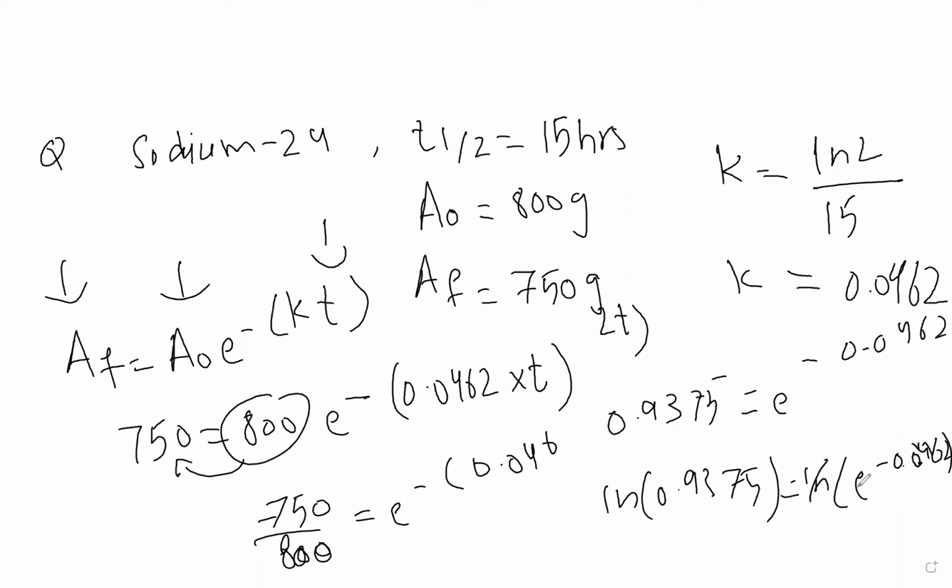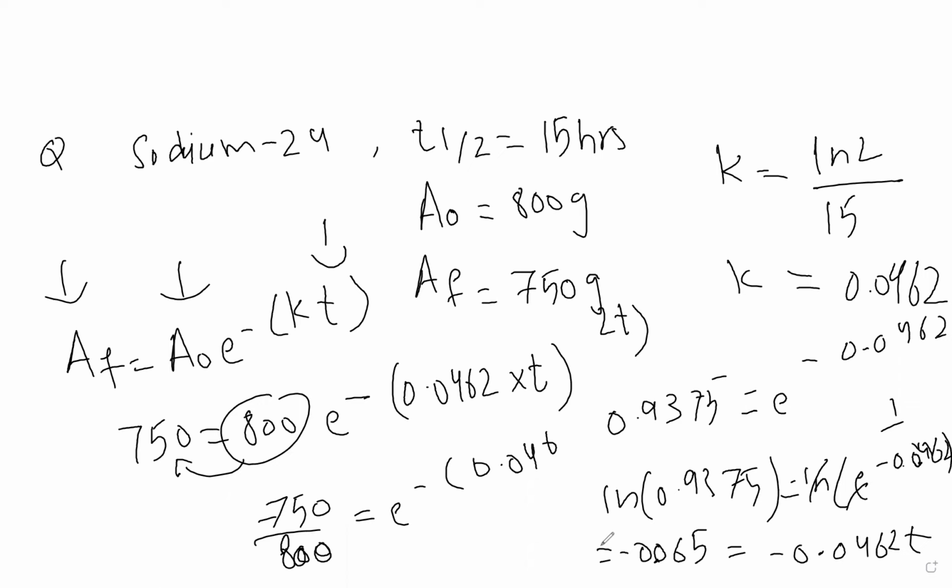So ln cancels the e out, and the exponent comes down. So the natural log of 0.9375 is negative 0.065, which equals negative 0.0462 times t.